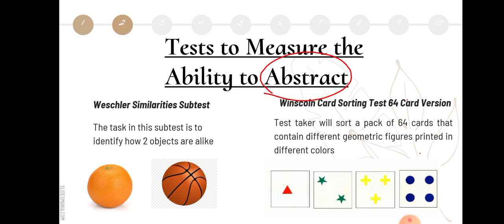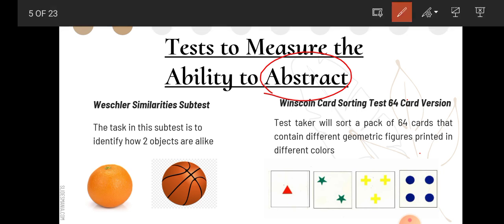Okay, so first we have here the Wechsler similarity subtest. The task in this subtest is to identify how two objects are alike. As you can see in the picture, we have an orange and a ball. So this is where abstract thinking comes in.